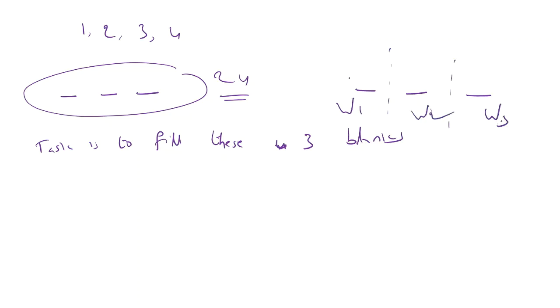W1 is to fill the first blank, W2 is to fill the second blank, W3 is to fill the third blank. Let us see in how many ways we can do the work W1. W1 stands for filling the first blank. We can fill this first blank using any one of these 4 objects. Therefore, the number of ways of filling this first blank is 4. After filling the first blank in 4 ways, we will be left with 3 different objects.